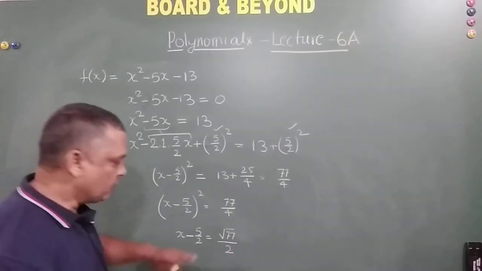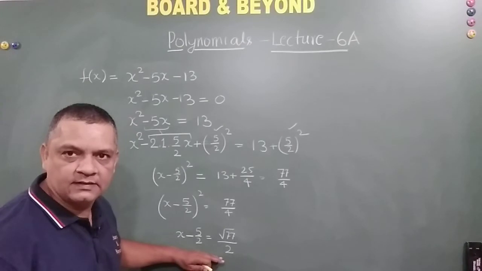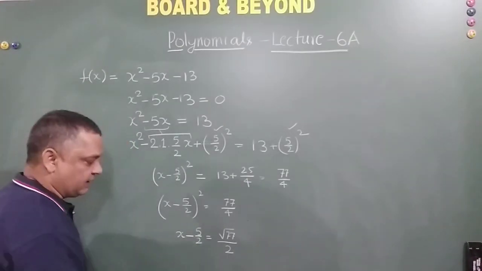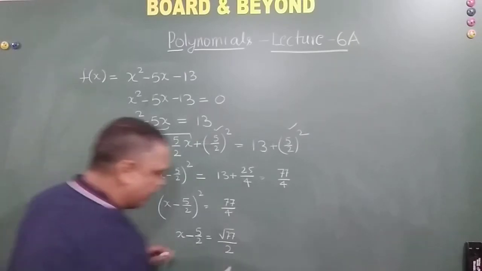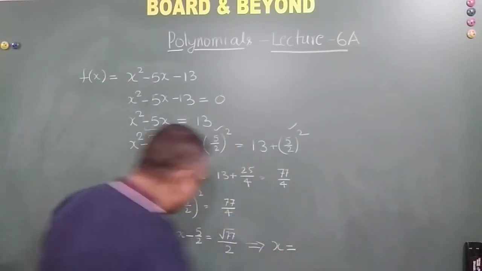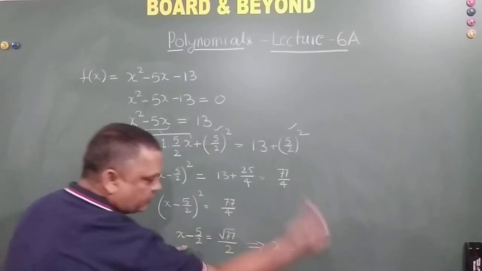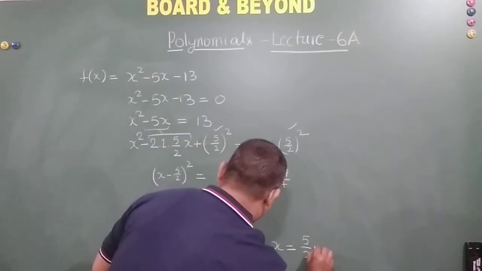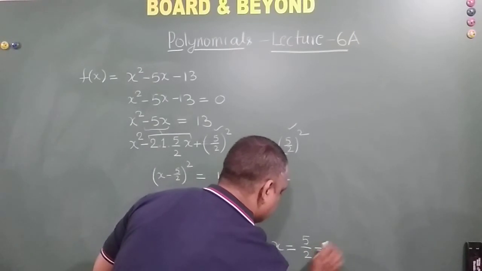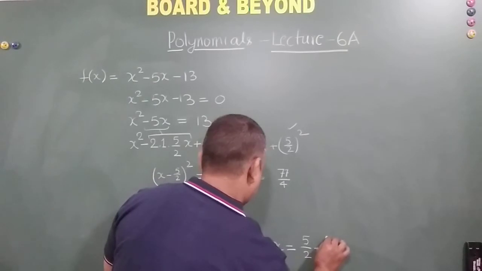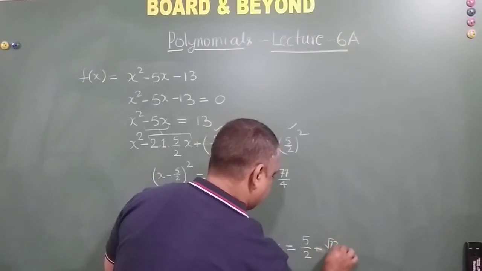Are you all able to understand this? Yes, friends, is this right? So let's further continue. This leaves me with x is equal to, I transpose this term on the right hand side, so this becomes 5 by 2 plus root 77 by 2.